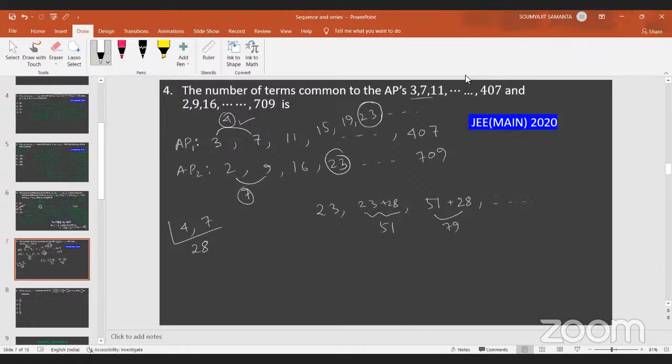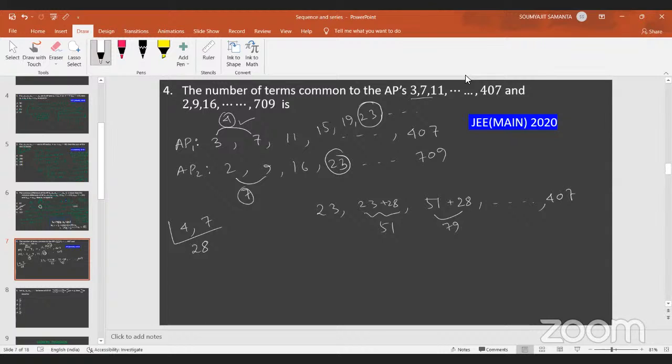And this will go till 407, because after 407 there might be a possibility of a common term, but since the first AP is only till 407, we cannot get a common term after 407.